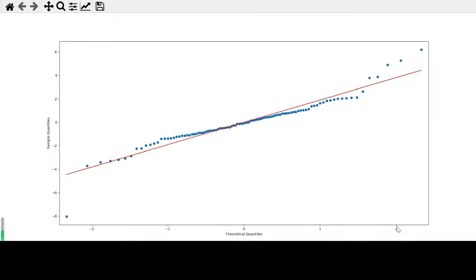Anyway, the qqplot helps us visually check if it is from a normal distribution. The qqplot can also check against any distribution if we set the theoretical quantiles from distributions other than normal, right?